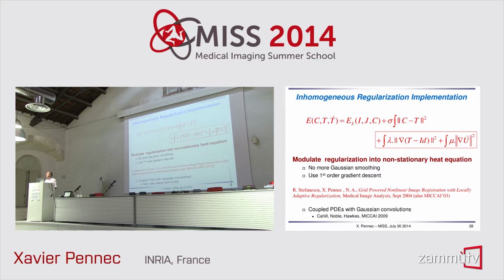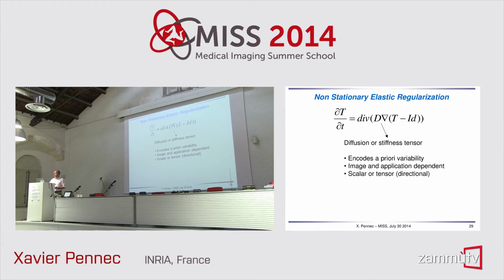So here we have to come back to solving linear systems to be able to regularize, and that's why here I'm using the norm of the gradient of the displacement field, because it's actually a sparse matrix. And one of the key things is we can work out, and that's what Stefanescu did, some parallel method to optimize these equations.